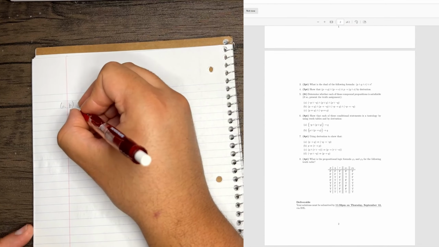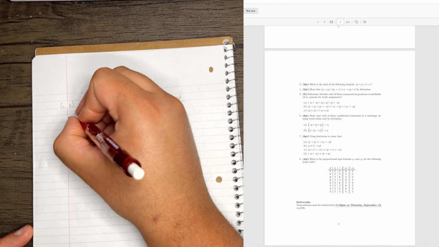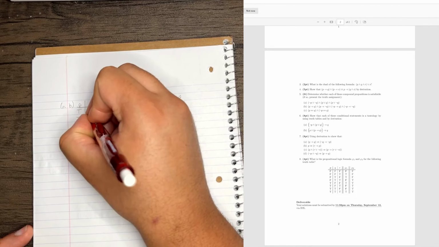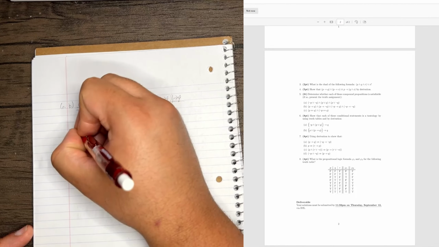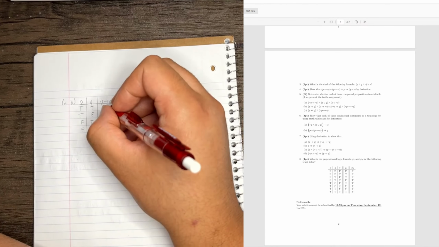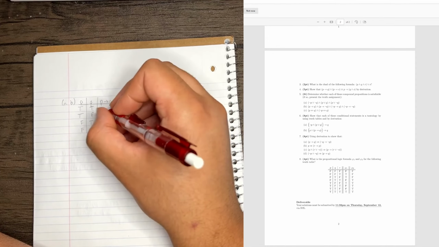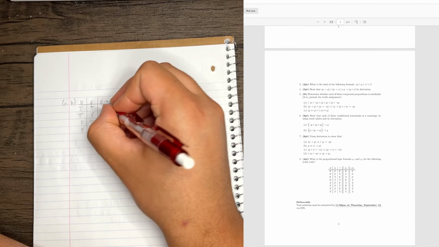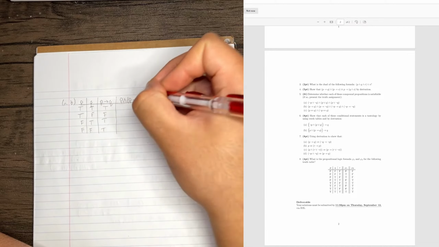Okay. True, true, true, false, false, true, false, false. Something is false when that one is true and false. The rest are true.